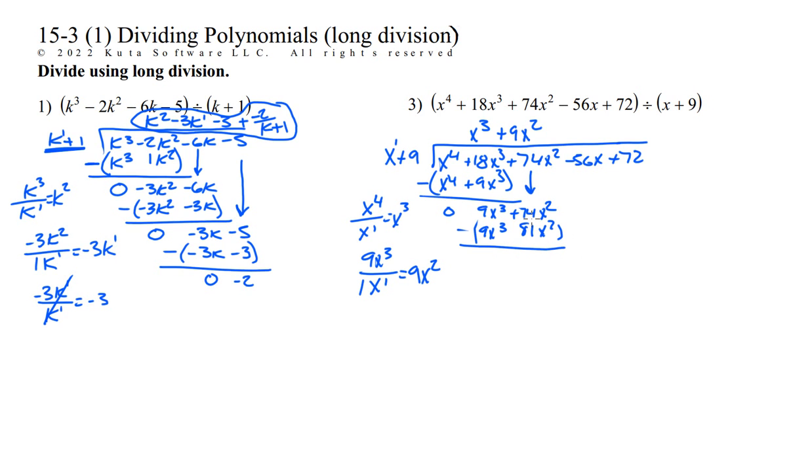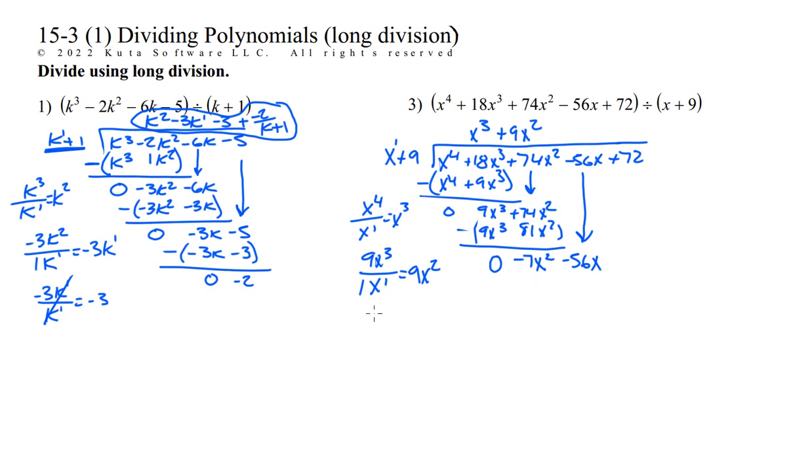So let's see, 74x squared minus 81x squared is going to give us negative 7x squared. Okay, and then 9x cubed minus 9x cubed gives us 0. Bring our 56x down, negative 56x.